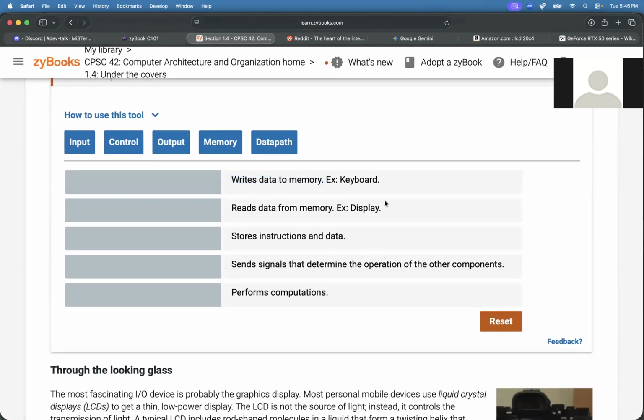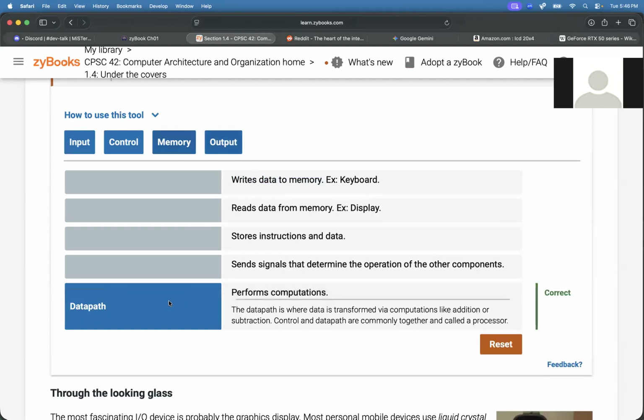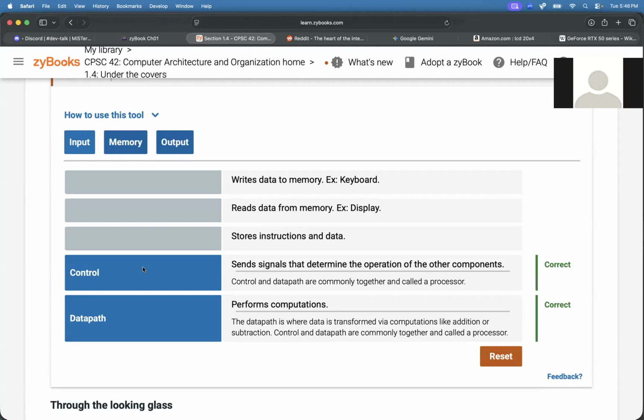So you're writing data to memory. I guess that would be output. They say no. These words are vague here. So the thing that performs computations must be the data path, and the control unit must send signals that determine the operation of the other components.